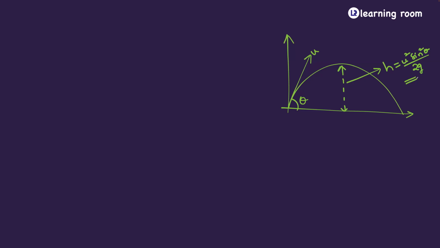One of the ways in which this can be derived is using the equations of motion. So we use the equation v square minus u square is equal to 2as, and we applied it along the y direction. Velocity of the object at the highest position in the y direction is 0.